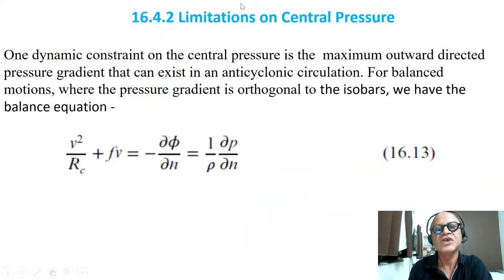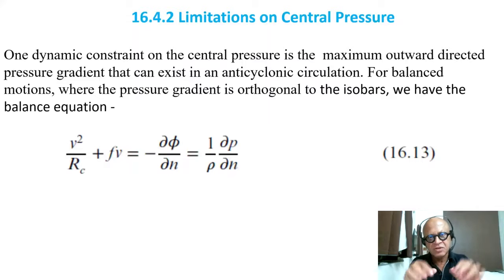So quickly looking at the limitations on central pressure, one dynamic constraint on central pressure is the maximum outward directed pressure gradient that can exist in an anticyclonic circulation. In a cyclonic circulation, the pressure gradient can get pretty tight all the way to the center, whereas in an anticyclone the pressure gradient is slack or not very strong at the center.